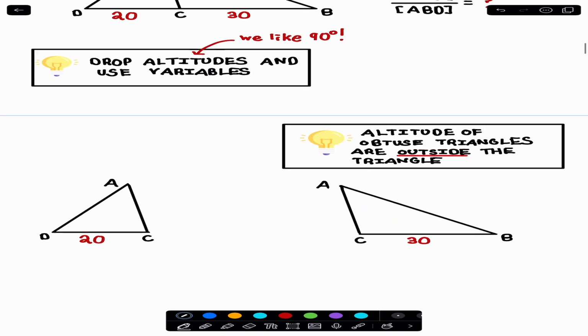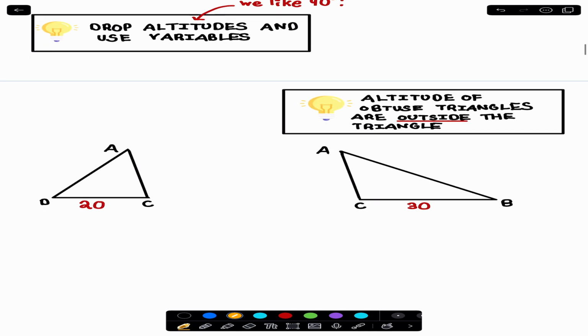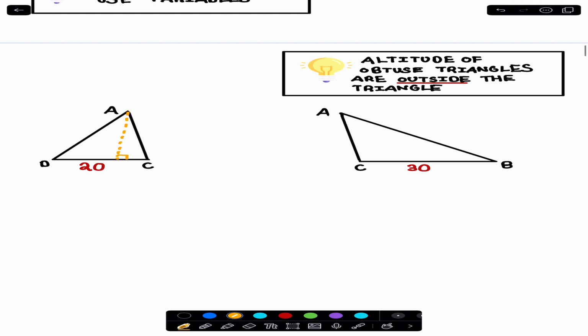So let's use our tip. It says to drop an altitude. Okay, where can we drop an altitude? How can we do this? How does this look to you? Let's drop something from A. Remember, altitude means you go straight down and this would be 90 degrees. So that's what we call an altitude.